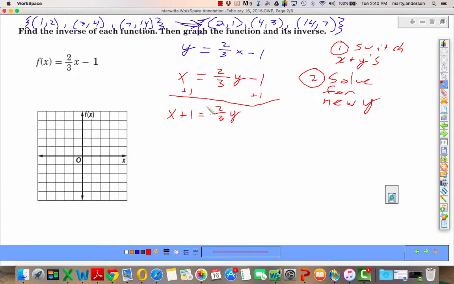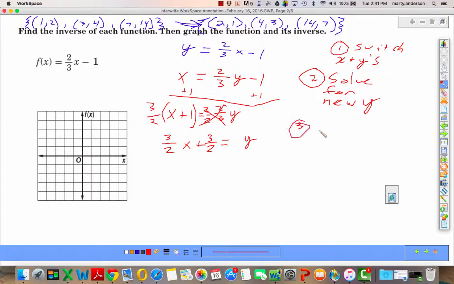Multiply both sides by 3 over 2, times 3 over 2. Cancel, cancel. Y equals, distribute, 3 over 2 x plus 3 over 2.